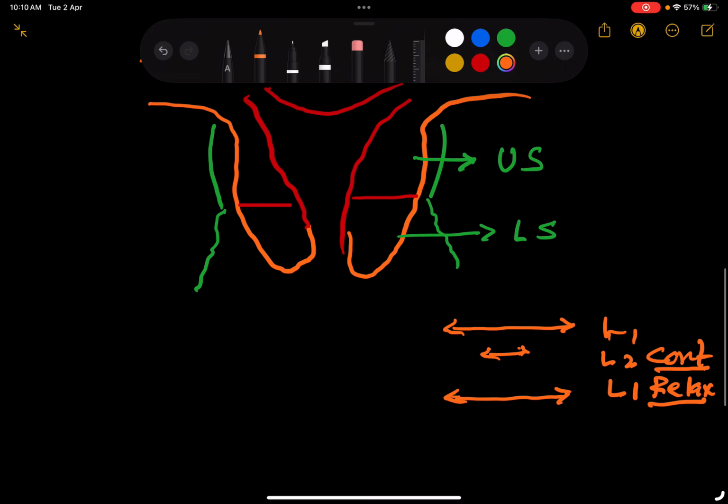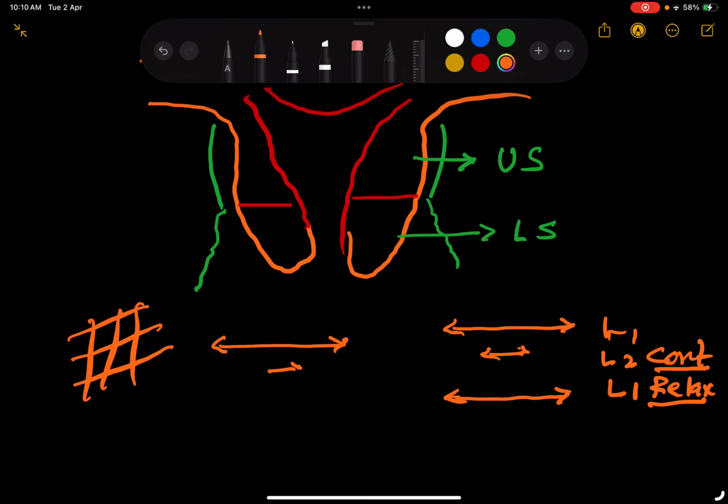But the uterine muscle has got a mechanism which is called the ratchet mechanism, which ensures that the L1 length will contract, but even during the relaxation, the length that has been gained will be retained. So this will be L1, this will be L2, but this will stay L2.